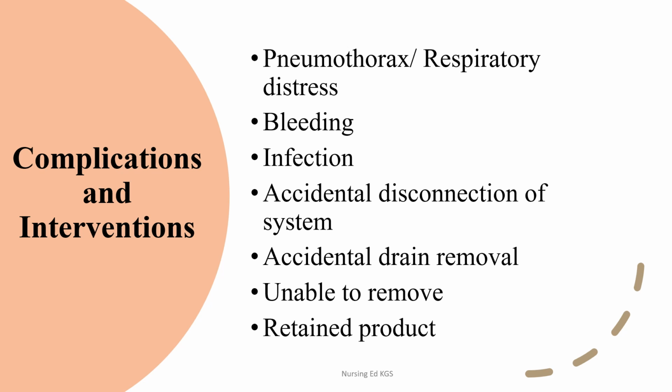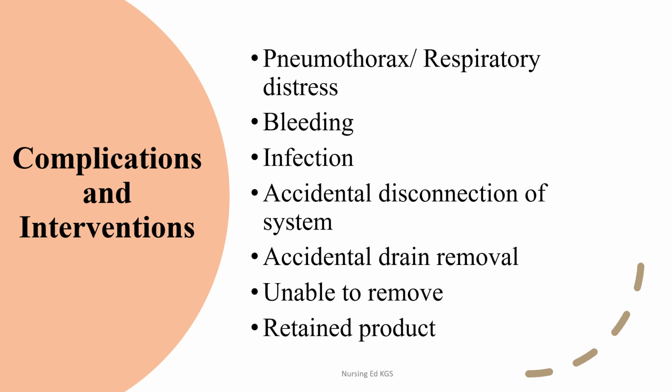If you suspect infection because the patient is having fever, inflammation, drainage, or exudate at that insertion site, you notify the doctor who may order blood cultures and a wound swab. If for any reason your chest tube becomes disconnected, the best practice is to place the distal end of the chest tube in a bottle of sterile water.